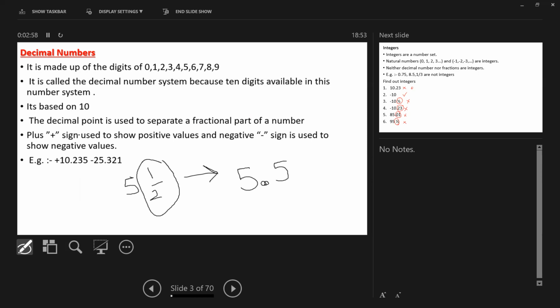Here the decimal point is used to separate the fraction part of a number. So using the decimal point, we can separate the fraction part. This is a decimal point. Plus sign is used to show positive values, and the negative sign is used to show negative values. So this point we call the decimal point. You had better copy the slide.